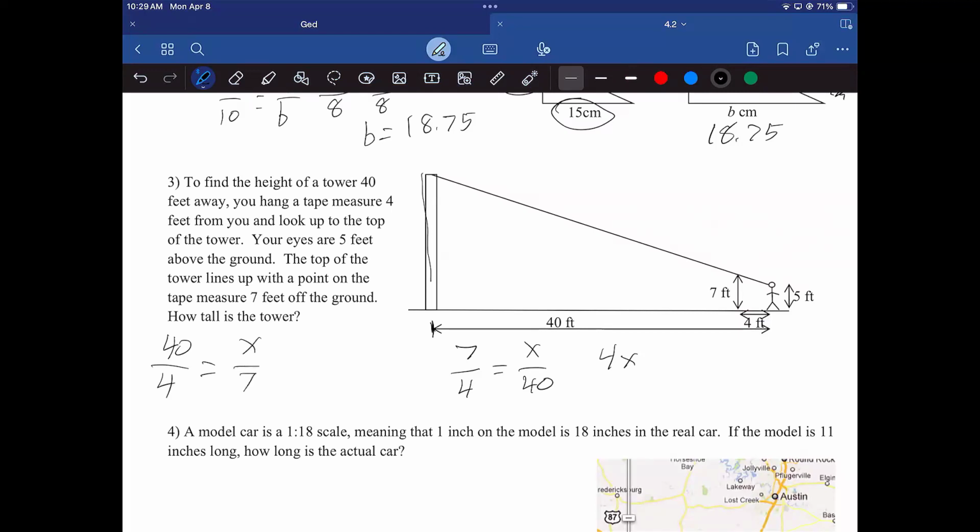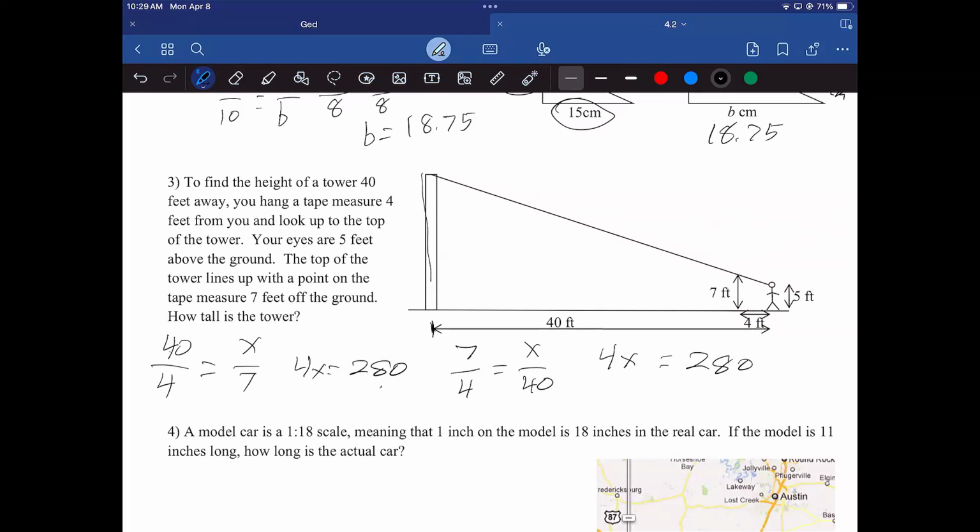Well, we're still going to get to the same place. They're the same, see? Yes, 7 over x. Oh, yes, but x. 40. 4 times x is 4x, 40 times 7 is 280.